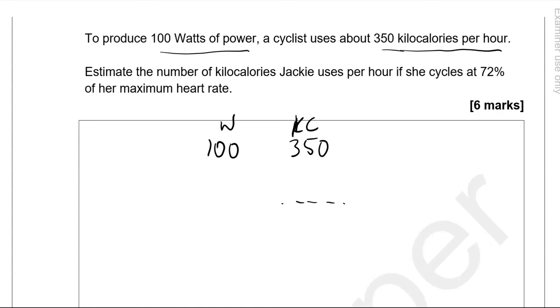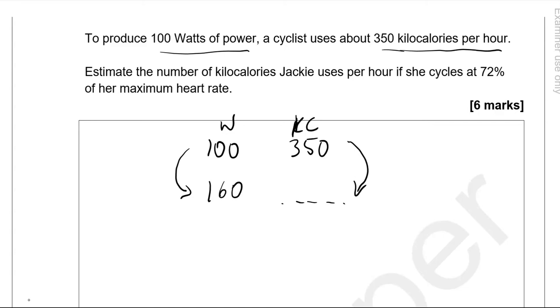And we estimated the number of watts of power when she cycles at 72% of her maximum heart rate, and that was 160. Now we'll need to get the number of kilocalories. So these go in direct proportion.